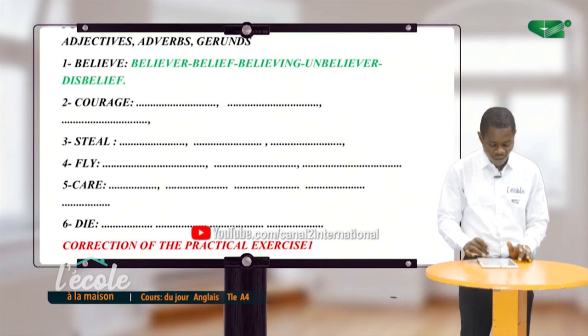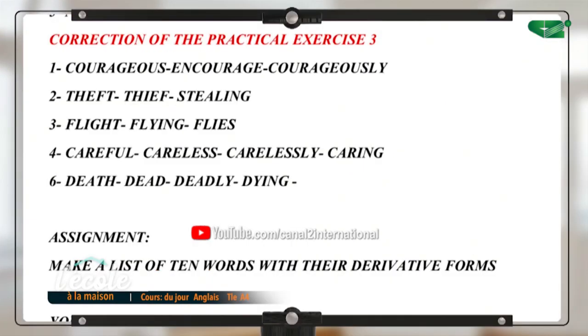As answers, we proposed theft. That is the noun that comes from the verb to steal. You can see that it is an irregular form because S-T-E-A-L has not completely changed into T-H-E-F-T, theft.